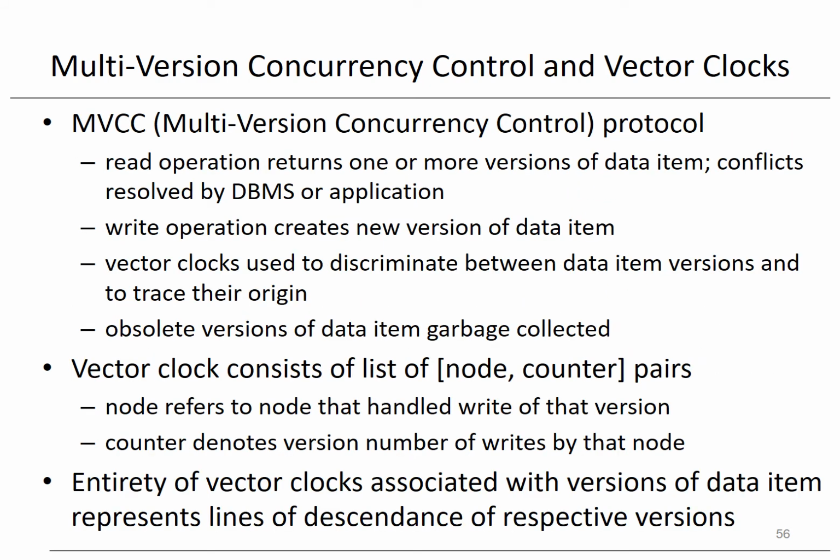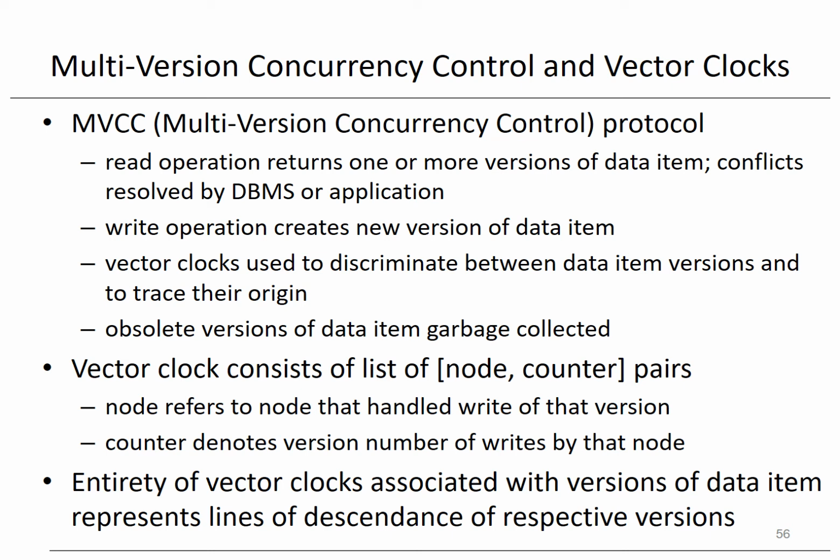The concurrency protocols that sustain this approach are called MVCC, multi-version concurrency control. Such protocols are typically based on these principles. A read operation returns one or more versions of a data item. There may be conflicts between these versions, which are resolved by the DBMS or the client application. A write operation results in the creation of a new version of a data item.